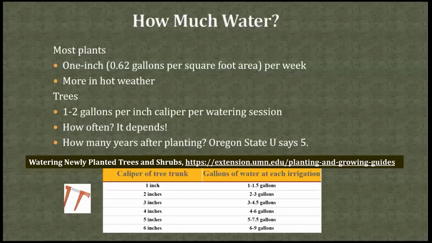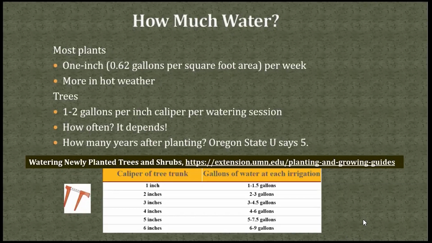So how many sessions per week? Well, for a newly planted tree, it may be several sessions, maybe 2 or 3. Depends on the weather, depends on if you have any natural precipitation, your soil type. Clay soil will not need to be watered as often as loamy or sandy soil. And so you'll have to make adjustments.